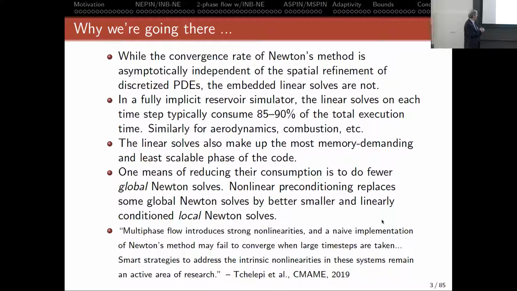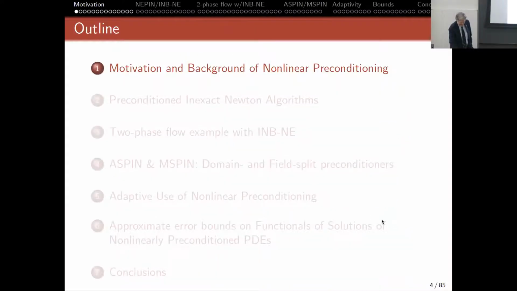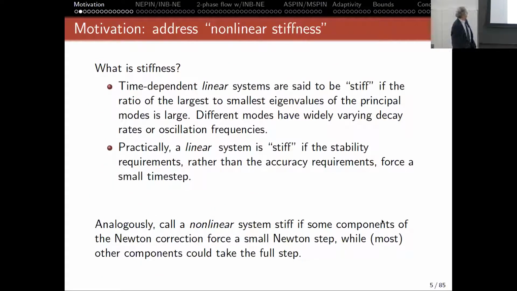The motivation for this talk could be derived from Hamdi Tchelepi's paper from CMAME in 2019, saying the strategies to address the intrinsic nonlinearities are still an active area of research. So what is nonlinear stiffness? It's not a precisely defined term. Neither is linear stiffness. But practically, a linear system is stiff if the stability requirements are more strenuous than the accuracy requirements.